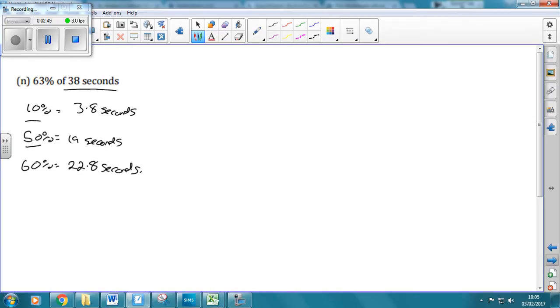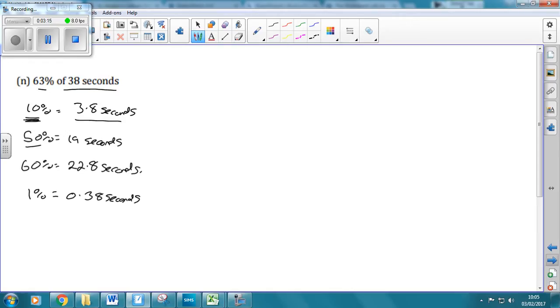But the trouble is now we're not finding 5%, so we can't do half of this because we've got to find 3%. So what we do is we divide this by 10 again to find 1%. I'm just going to labour that point a little bit because this is the crucial thing. So if 10% is 3.8 seconds, 1% we divide it by 10 again, so we move the decimal point over, and that's going to be 0.38 seconds.